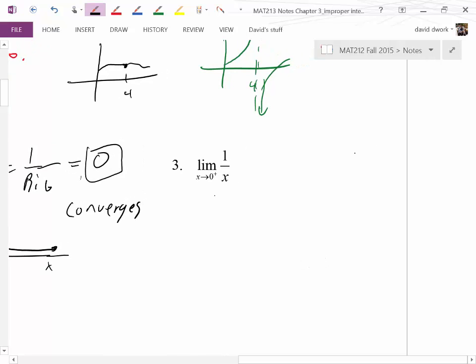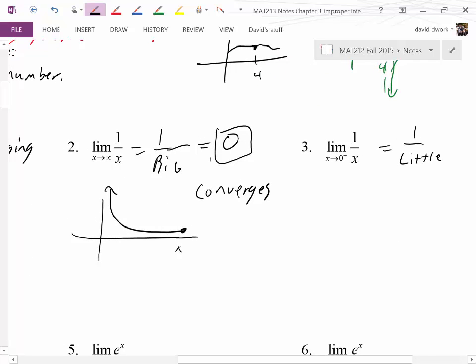Same graph, but now we're approaching 0. And remember what the little plus sign means. It's 0 from the right-hand side. So what we're looking at is 1 over something really, really little. Because I can't say 0. If I say 0, that's undefined. But if I say we're approaching something very, very little, because it's the same graph here, but now we're approaching 0 from this side, our value isn't 0.